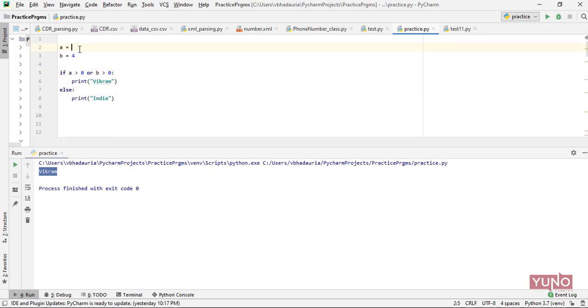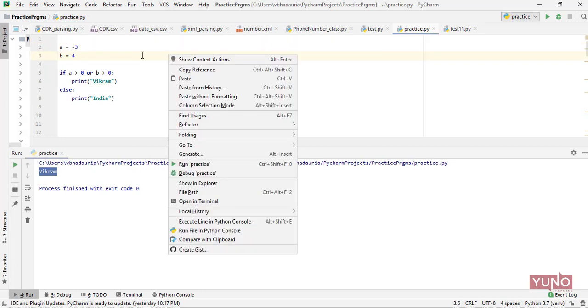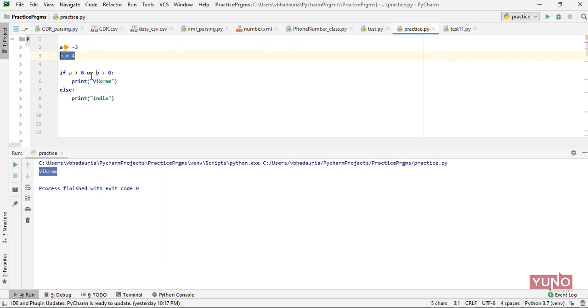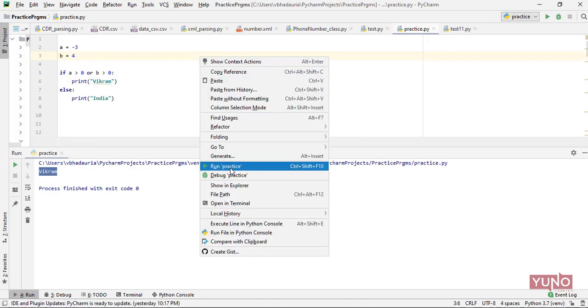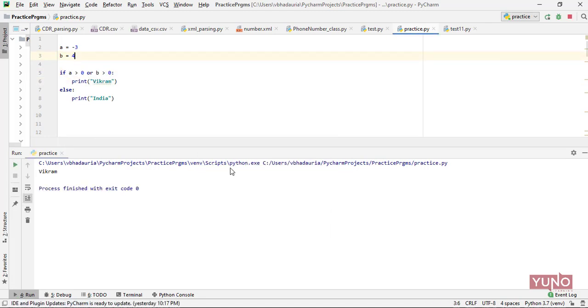Okay, so I will show you the example, like a equals -3. A is negative, but b is positive. That means my condition is or, so any of the conditions should be true. I'm going to print Vikram here. Either of the numbers is positive, not both.